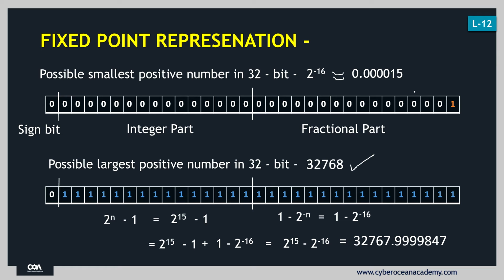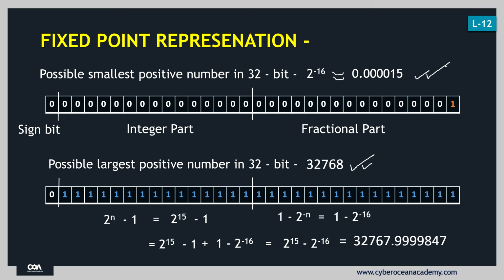We can see here that the smallest positive number is 2 to the power minus 16 and the largest positive number is this number. So we cannot represent a positive value greater than 32768 in 32-bit fixed point representation, and we also cannot represent a positive value smaller than the smallest number. These are the limitations of fixed point representation.